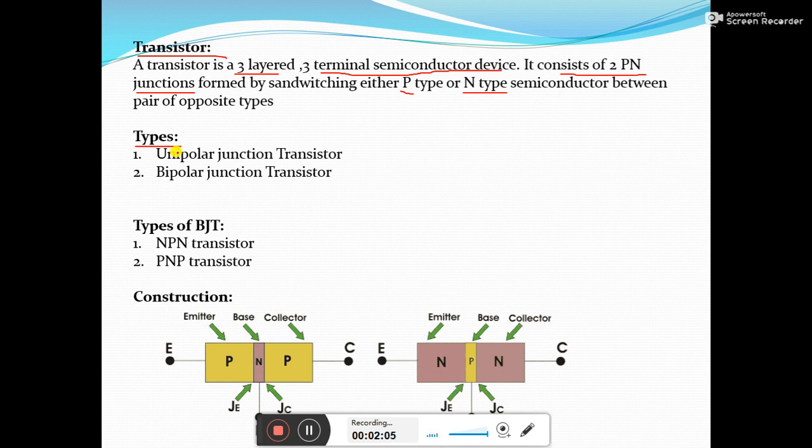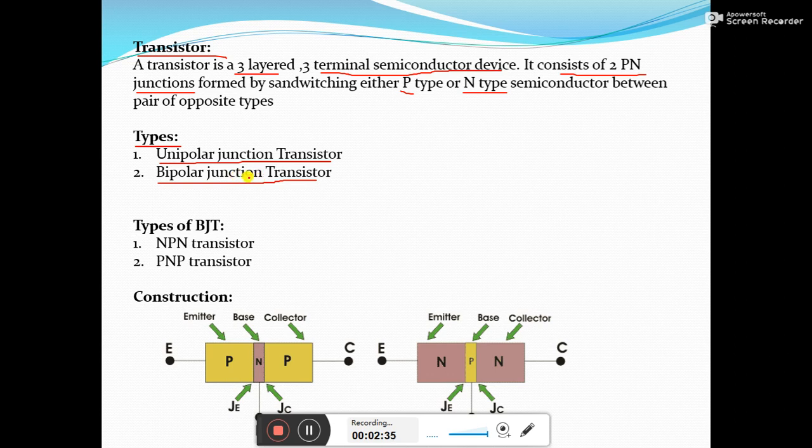Based on which charge carriers are involved in the current conduction, they are classified into two types. One is the unipolar junction transistor, and another type is referred to as the bipolar junction transistor. In a unipolar junction transistor, the current conduction is due to either holes or electrons. Whereas in a bipolar junction transistor, the current conduction is due to holes as well as electrons.